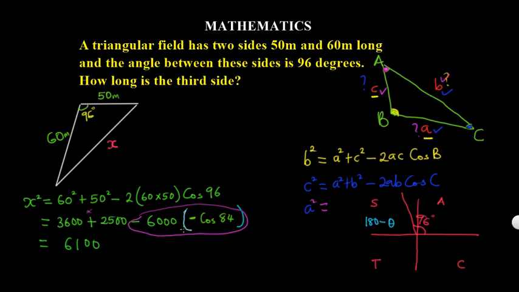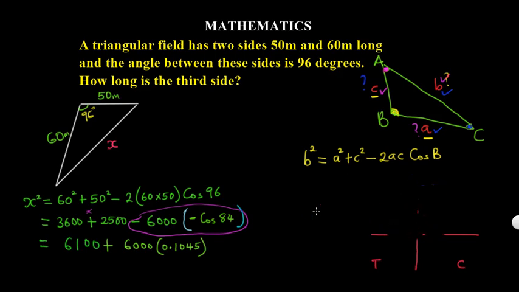Now that we understand that negative multiplied by negative is positive, 6,000 will be multiplied by cos 84, which is 0.1045. Is that interesting? Very good. Now that we know that, moving on, you can use your calculator to solve those problems.